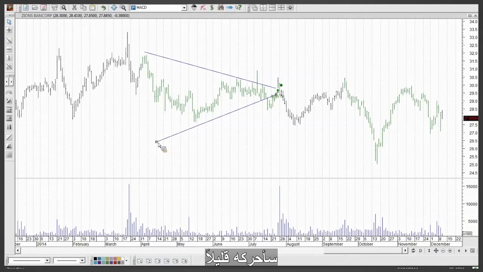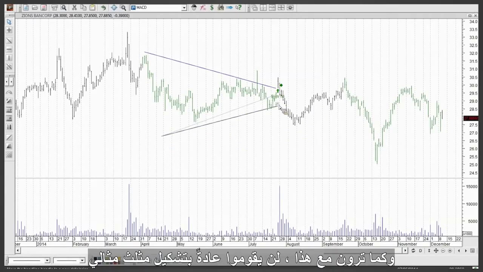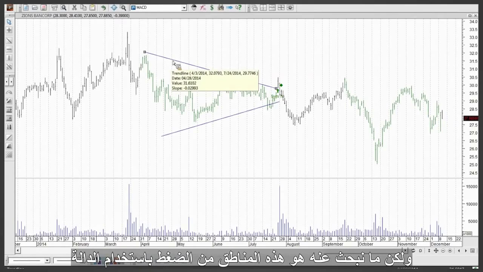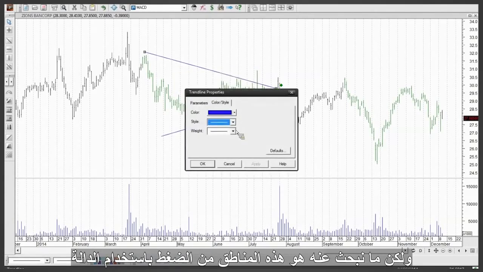As you can see with this, typically they're not going to form a perfect triangle, but what we're looking for is these areas of compression with the instrument.